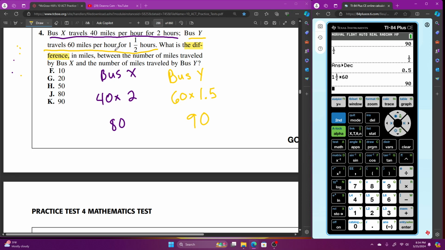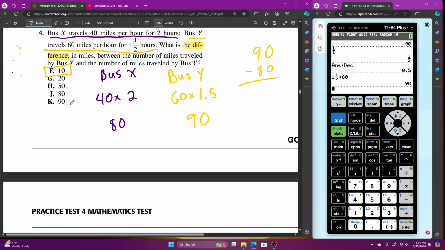And now finding the difference between 80 and 90. Difference is telling us to do what with the numbers? That is subtract. So none of these are negative, so we're just going to take the biggest number on top, our 90, and take away the 80, and our answer is answer choice F.